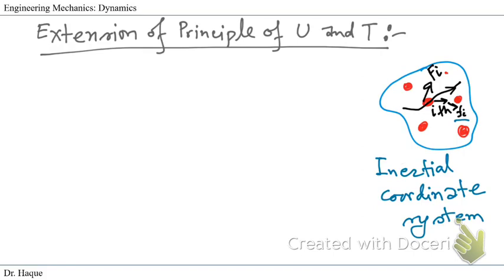So the body is at rest or moving at a constant speed. So we're going to assume an inertial coordinate system, so that we can assume that the particle inside is not having any acceleration.